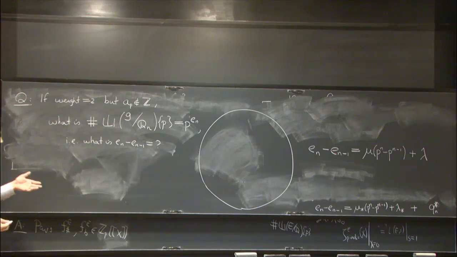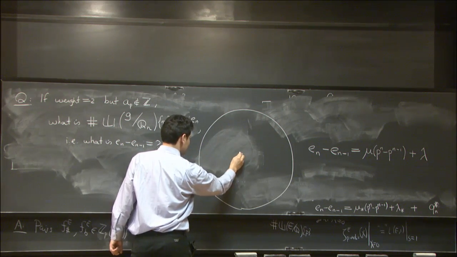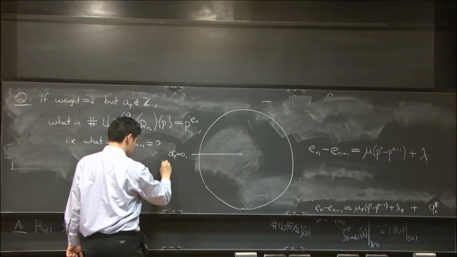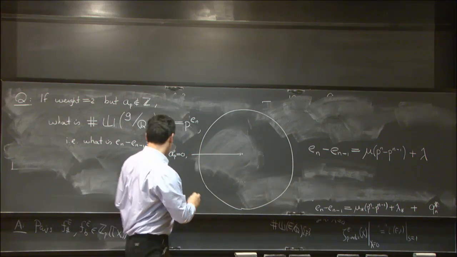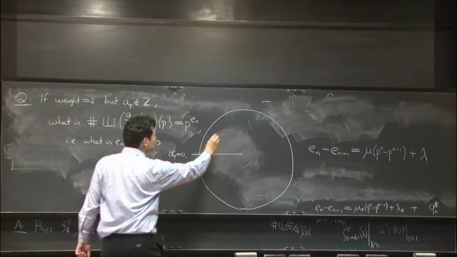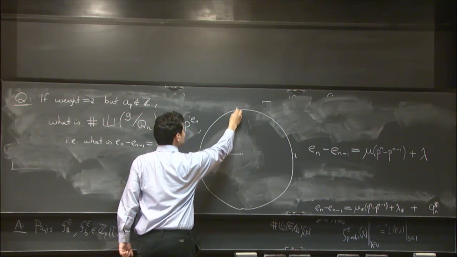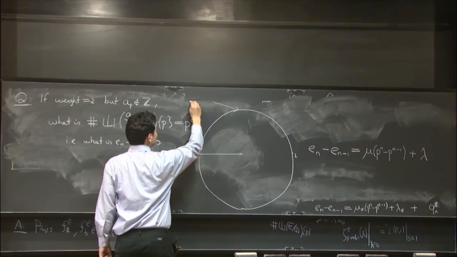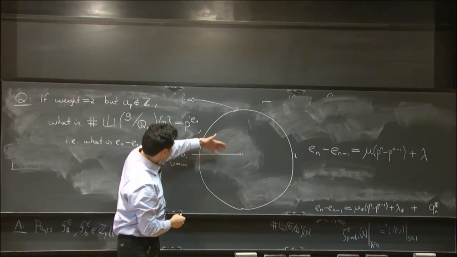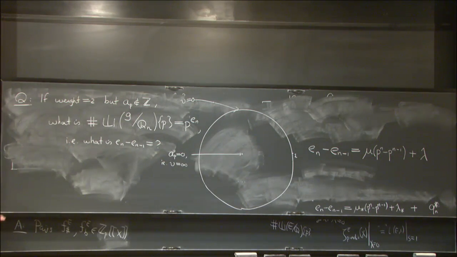So this is Z_P, and let's think of where A_P can be. The center is where A_P is equal to 0. So in other words, as we saw over there, this number v is equal to infinity. On the boundary, A_P is coprime to P, so v is equal to 0. And in between, v is between 0 and infinity.